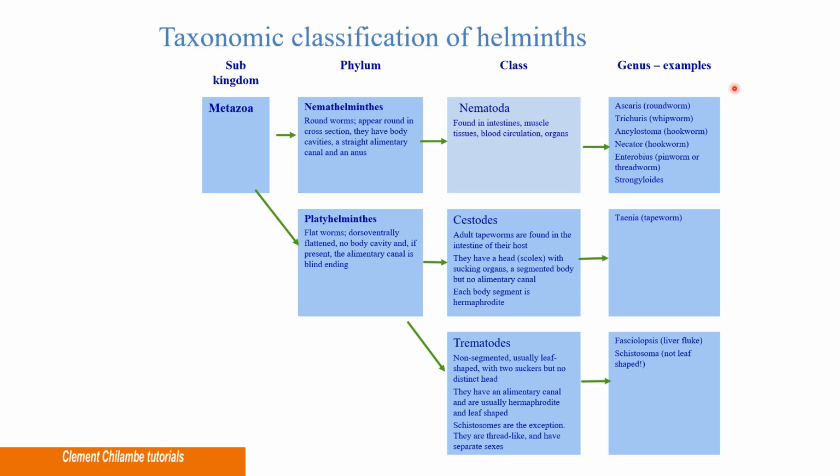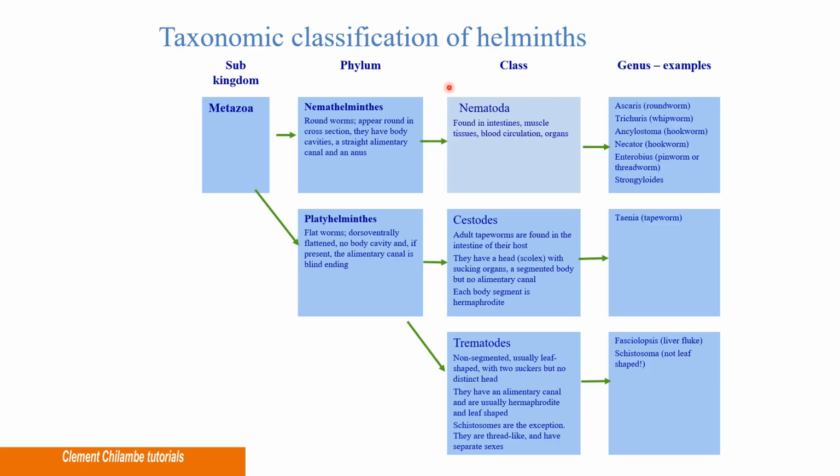The organs. And genus examples include Ascaris, which is the roundworm, Trichuris, which is the whipworm, Ancylostoma, which is the hookworm, Necator, which is the hookworm as well, Enterobius, which is the pinworm or threadworm, and Strongyloides. So these are genus examples under helminths.